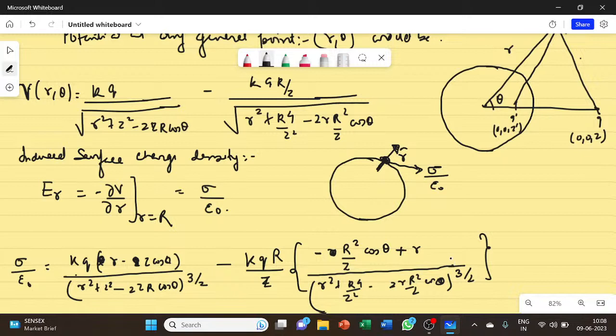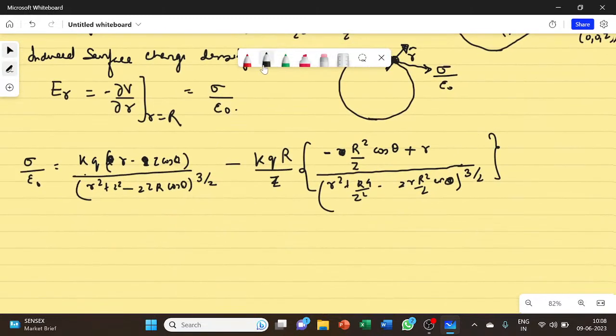Okay, now if I want to differentiate, let us differentiate it properly once, because I think there is some mistake here. So I'm differentiating it here. So wherever I'm making the star, let us differentiate it there. So this was what I wanted to differentiate.